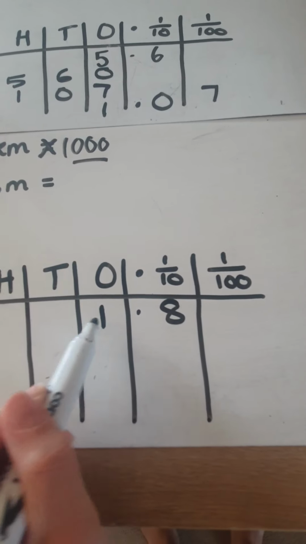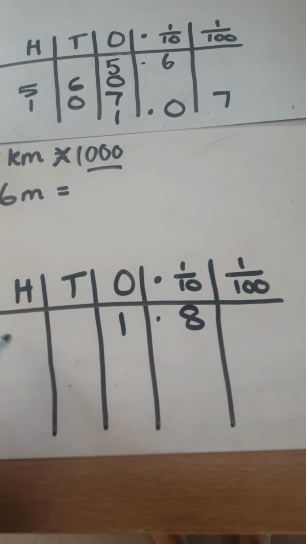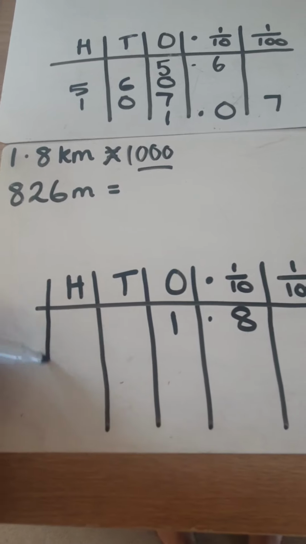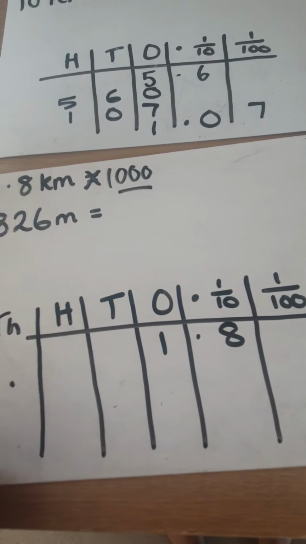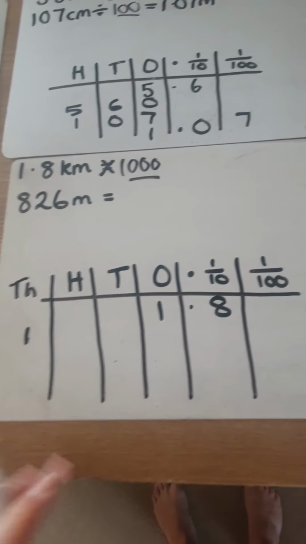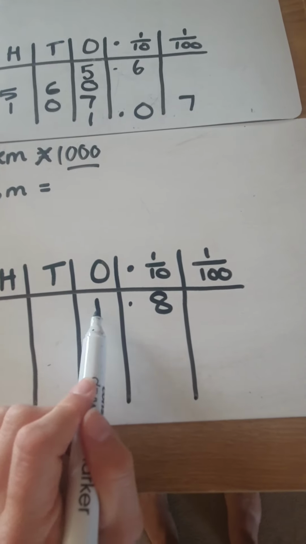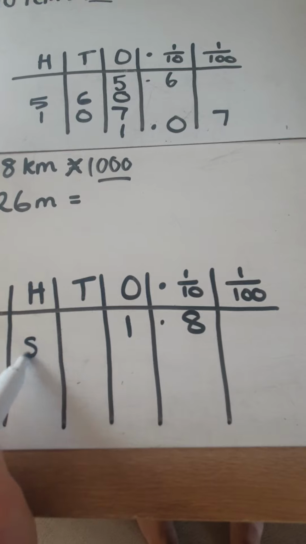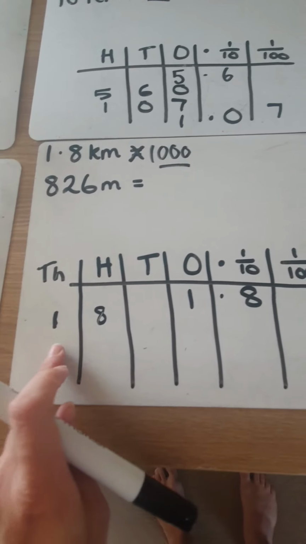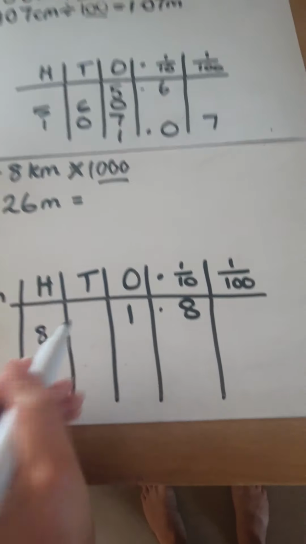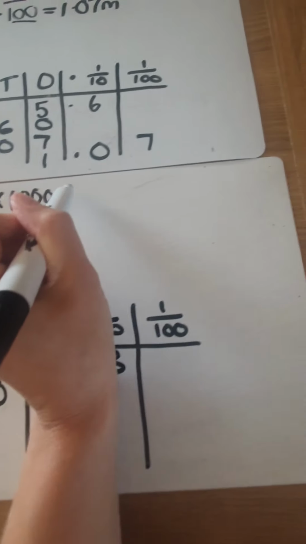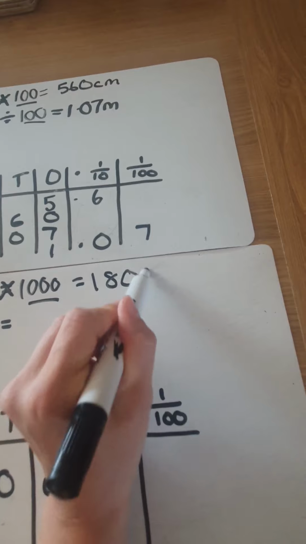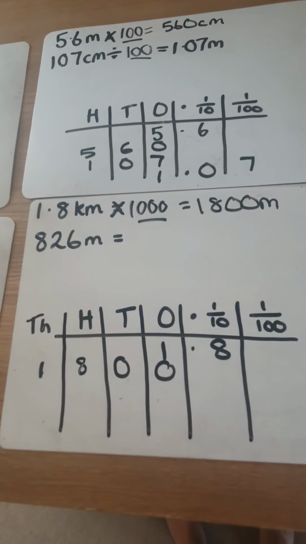The 1 is going to go from the 1s to the 10s, to the 100s, to the 1,000s. Now I haven't drawn a thousands column, so I'll pop one in. So that moves into there. And then the 8 is going to go from the 10ths to the 1s, to the 10s, to the 100s. At the moment this says 18, but we know it's 1,800, so we need to put our 2 placeholders in. So there are 1,800 metres in 1.8 kilometres.